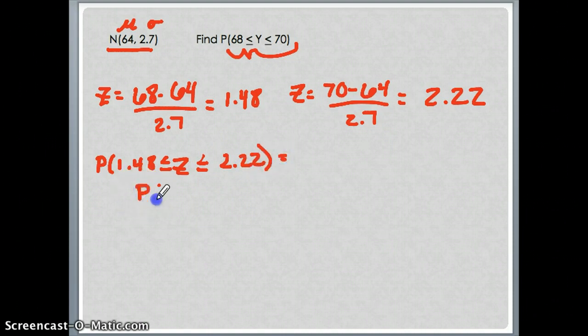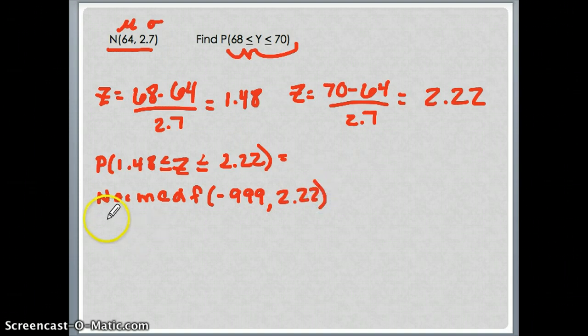So this is where we would use our calculators. What we would do is go to norm CDF, and we'd give ourselves a low boundary like negative 999 to 2.22, and we'd do the same for the z-score of 1.48.